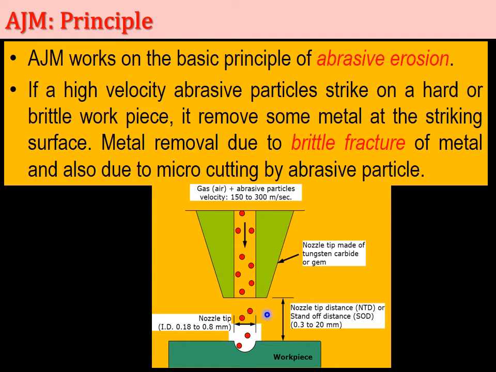The second major factor is the distance between the nozzle tip and the workpiece, which is not more than 2 mm. This is called the standoff distance of 0.3 mm to 2 mm. Above 2 mm, machining still goes on, but it does not give perfect accuracy.